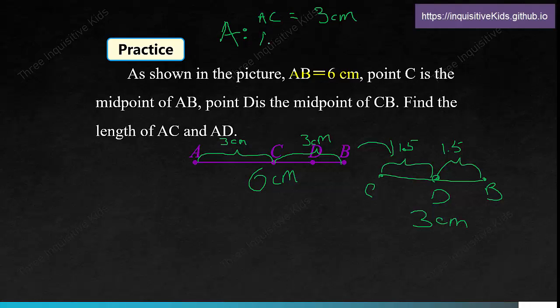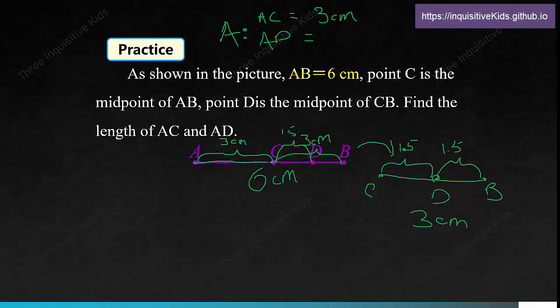And AD, but we don't know AD yet. Okay, but we do know that this portion, CD, is 1.5 centimeters. And if you look at the picture, you can see that AD, which is this part, is exactly the same as AC plus CD, right?